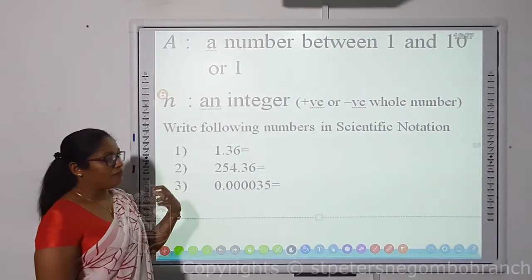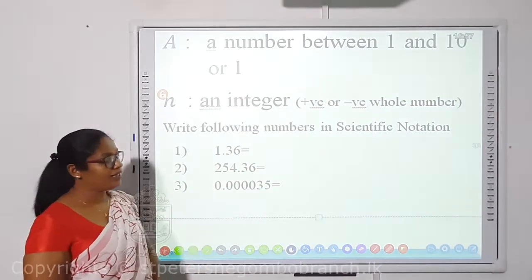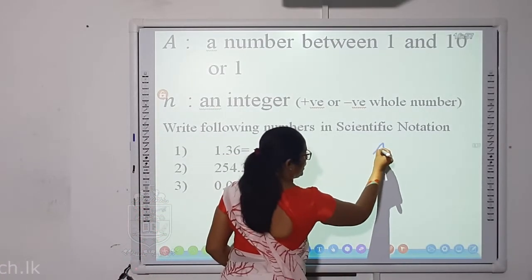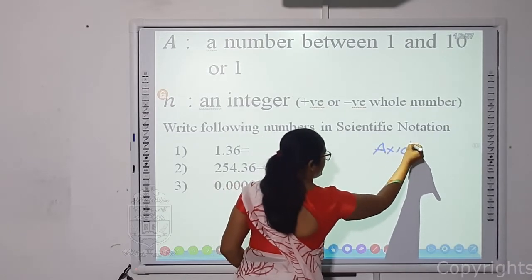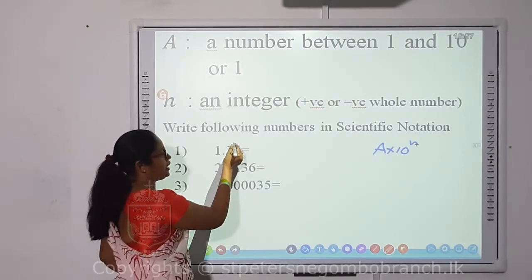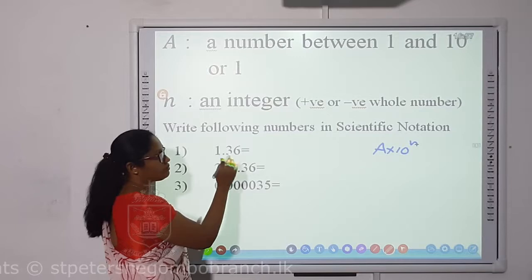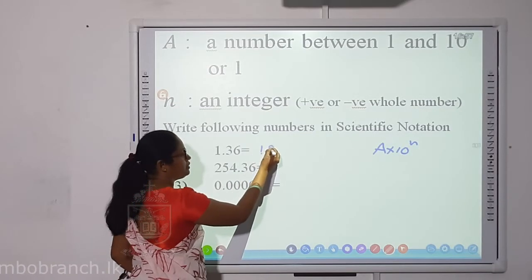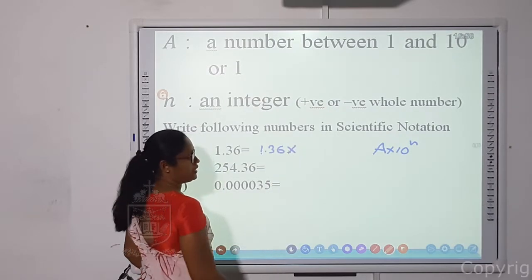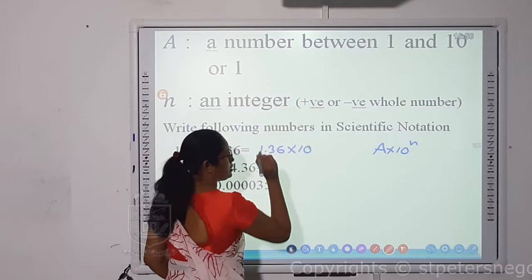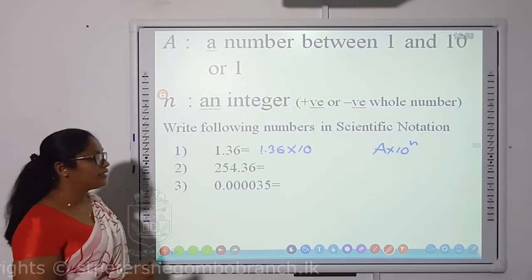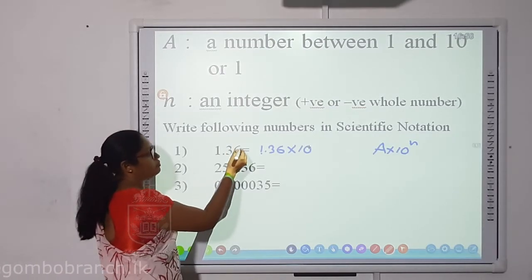That means the number is in the format of A. The format should be A times 10 to the power n. That is called the scientific notation. So instead of A, I can choose the same number because it is between 1 and 10. So 1.36, as per the notation, I should multiply by 10 to the power something. What is that number I should write, so that the final answer cannot be changed?